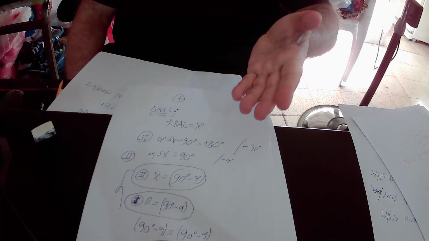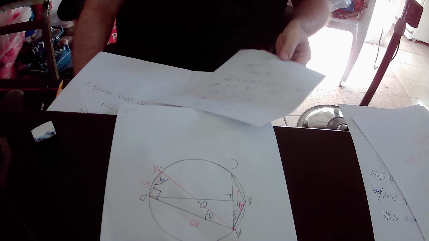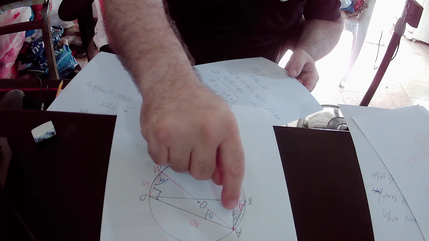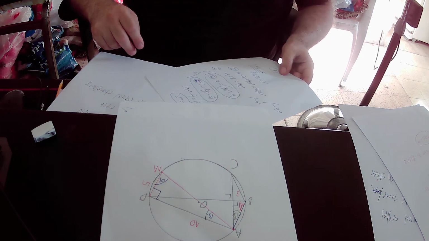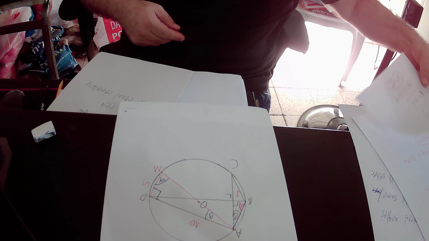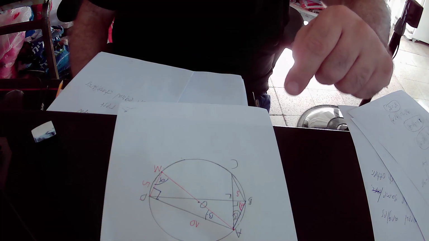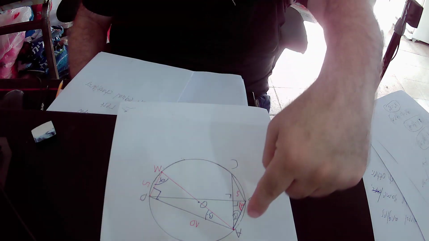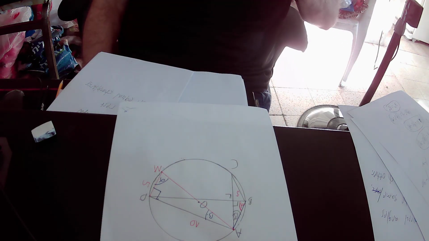That is to say, x equals beta. So instead of x, we wrote here beta because x equals beta. Okay, so angle BAL equals beta and angle MAD also equals beta. Both of those angles equal beta.